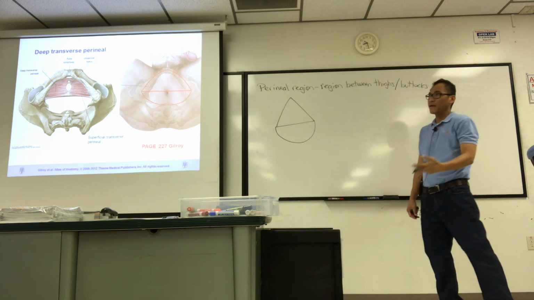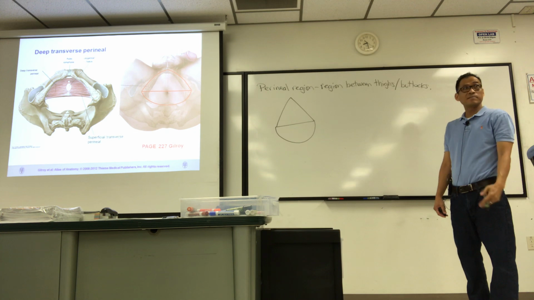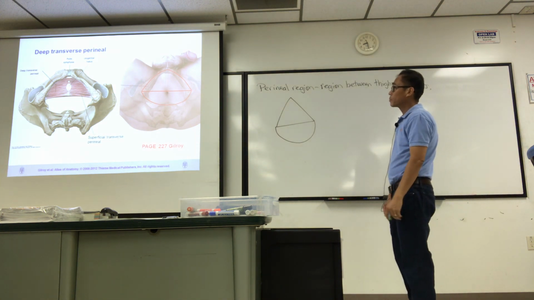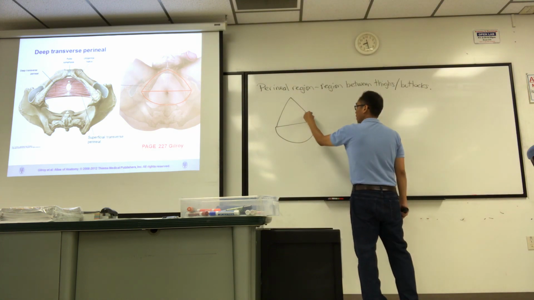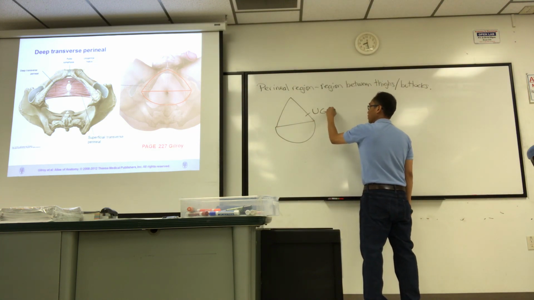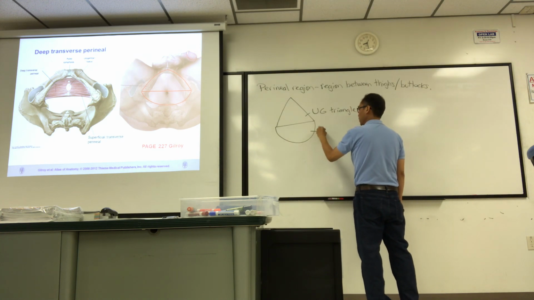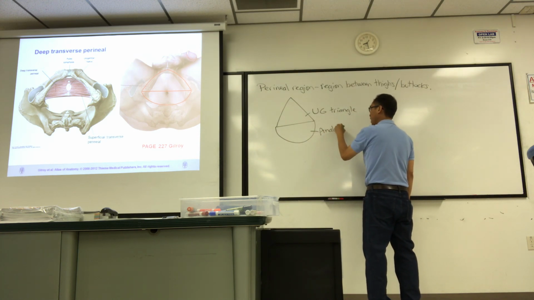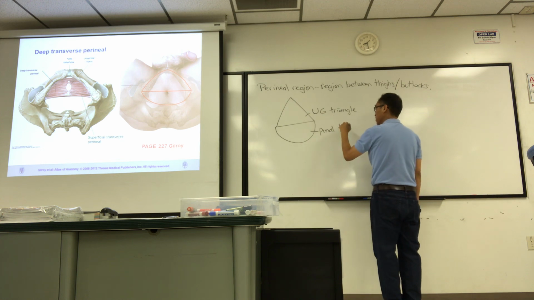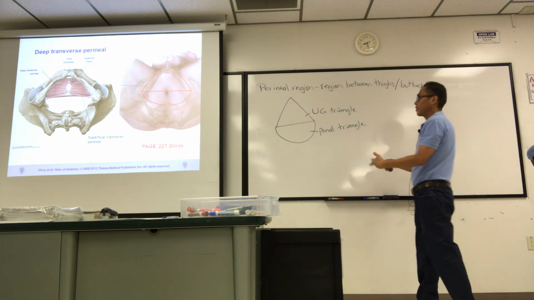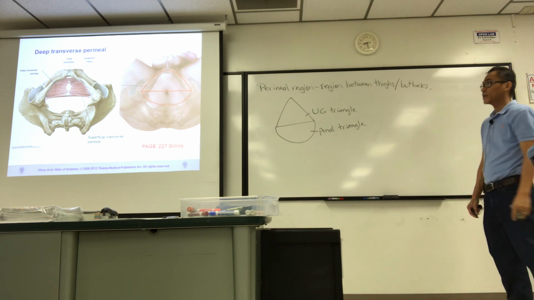I mean, this is the area that sits on your bike seat. And they call this the UG triangle. They call this the anal triangle, even though they didn't draw it as a triangle in this picture. So that's just kind of the name they gave that region.